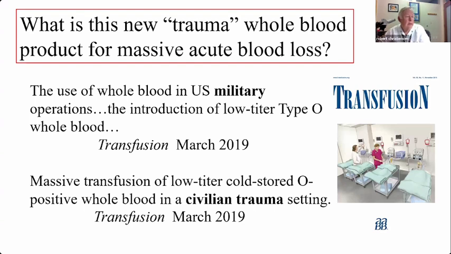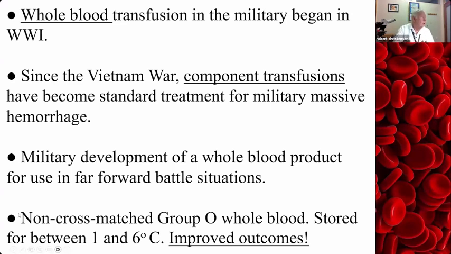And in the journal Transfusion in March of 2019, there were articles about the military use of whole blood and other articles about the civilian trauma service use of whole blood. But it was a specific kind of whole blood. Now, whole blood transfusion is the way transfusion medicine began back in the World War I era on the battlefield. But since Vietnam, component transfusions have eclipsed, totally taken the place of whole blood transfusions for massive military hemorrhage.